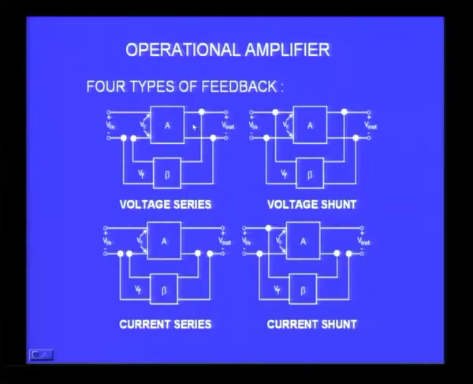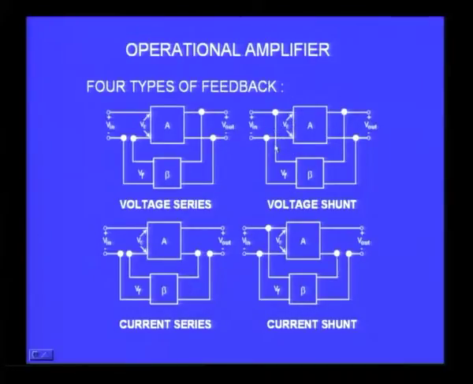Therefore, voltage series is what some people call this type of feedback, voltage sensed and given in series. If you look at the second picture, the voltage is again taken in parallel at the output, and it is also given in parallel at the input terminals. Therefore, the input voltage at the terminals of the amplifier and the feedback voltage are actually connected in parallel. The 2 networks are in parallel.